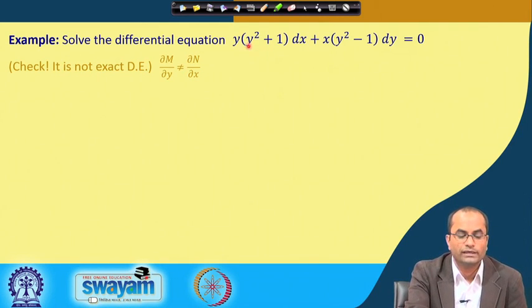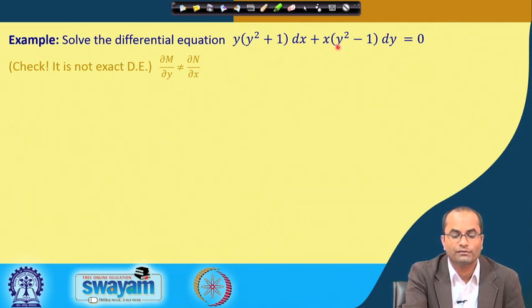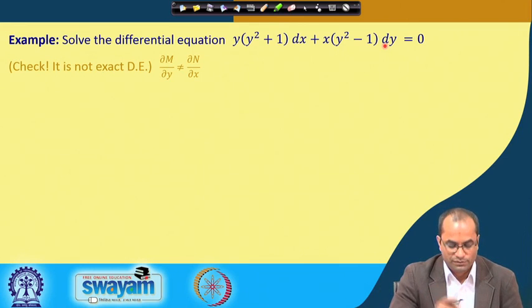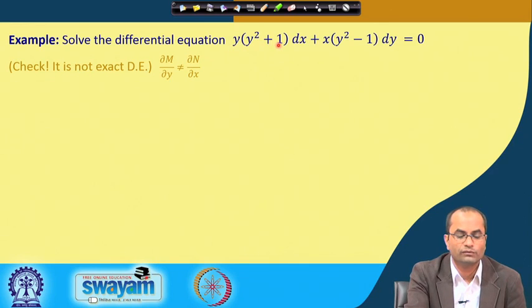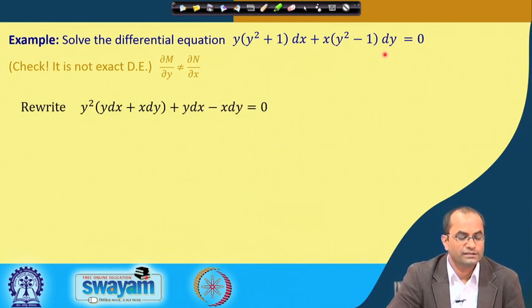Here we have a y squared term with dx, and here also y squared with the dy. If we take y squared common out of these two terms, what we will get is y dx plus x dy, the known term which we have seen before, and then the rest will be y dx minus x dy, that term also we have seen before.